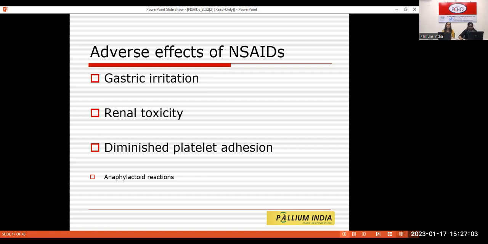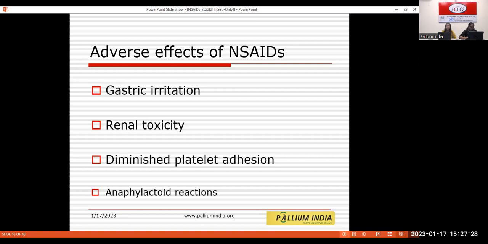Orthopedicians use that drug a lot. If you have worked in the ortho OPD or ortho department, they are very fond of these COX-2 drugs. Any COX-IBs? Etoricoxib, right? Etoshine is one of the very commonly used drugs by the ortho people. Etoricoxib is one of the COX-2 inhibitors that is very widely used in our place.